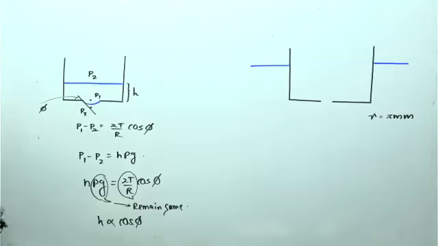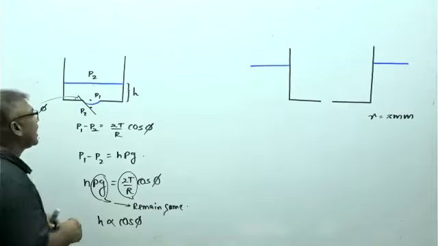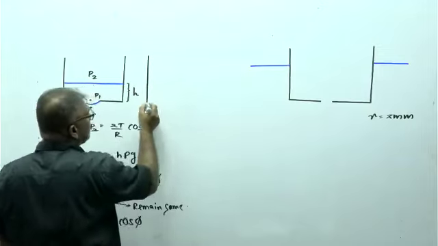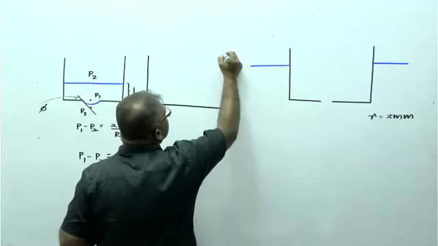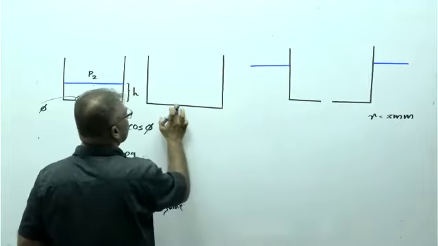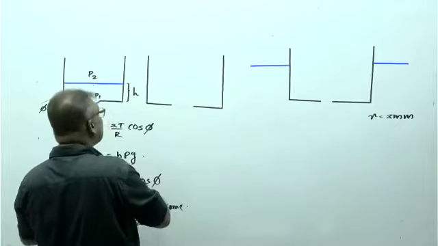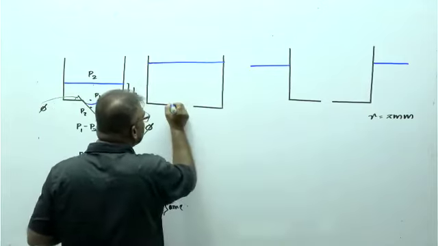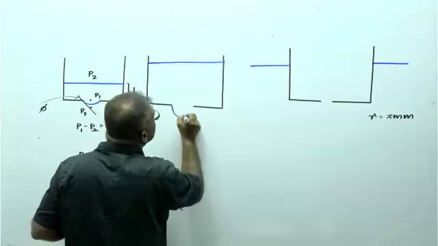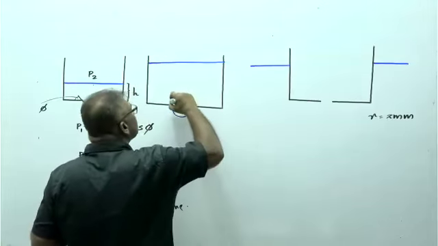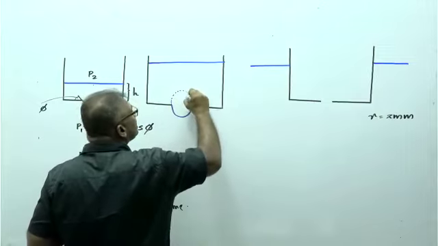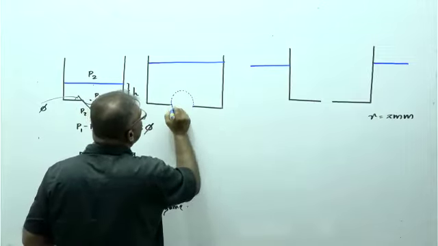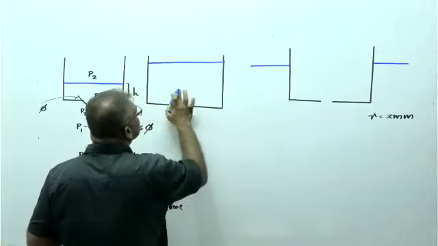Then the situation where the meniscus is made hemicircular at the bottom. When you increase the liquid height to a certain height like this, this meniscus will form this kind of hemicircular shape.